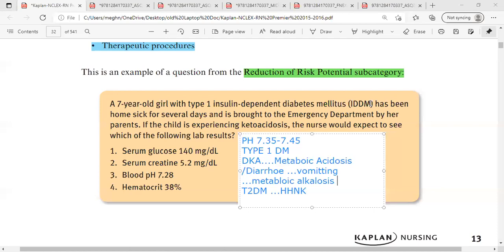But type 2 diabetes is most common in obese persons, adults, usually older than 40 years of age. And there is a partial decrease of insulin production and or cell resistance to the insulin.